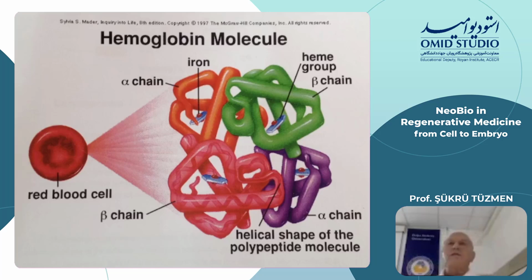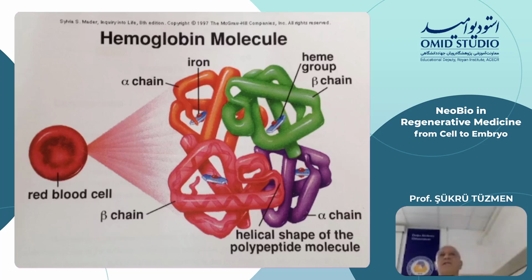In that case, desferrioxamine, which chelates the excess iron coming from the process where there aren't any healthy beta chains to form hemoglobin, and the excess iron coming from the alpha chains precipitates and forms reactive oxygen species, which in turn can attack your vital organs such as heart, kidney, liver, and whatnot.